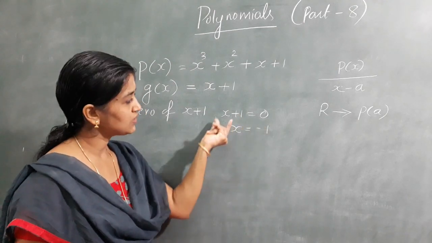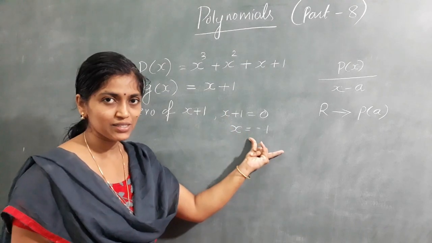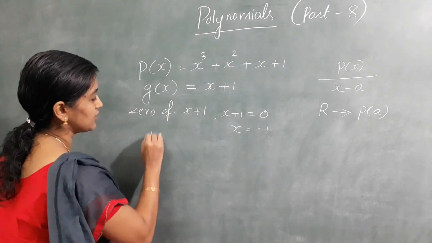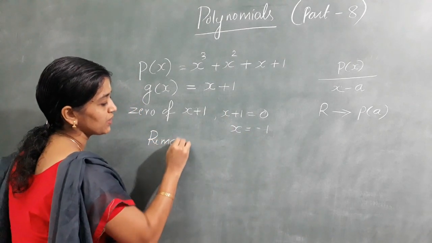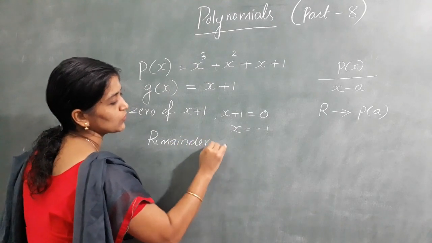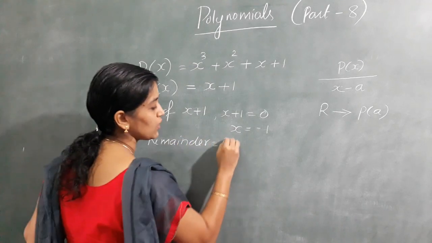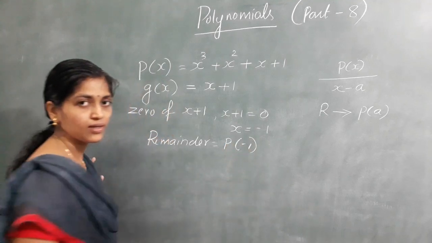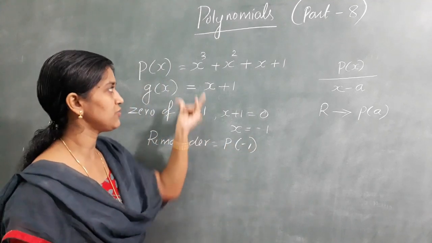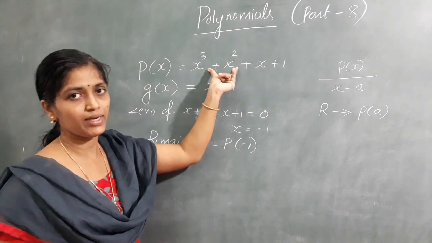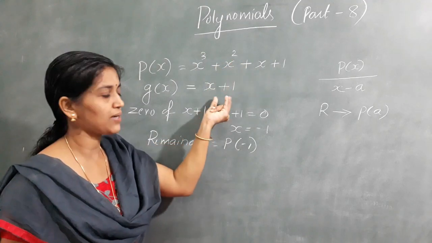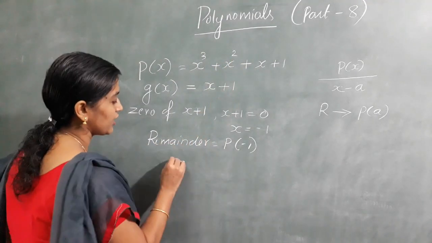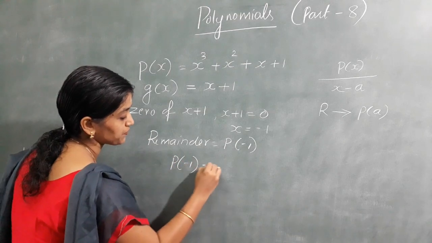What will the remainder be by our remainder theorem? The remainder is P of minus 1. Clear? So when you find P of minus 1, you will get the remainder when this polynomial is divided by x plus 1.